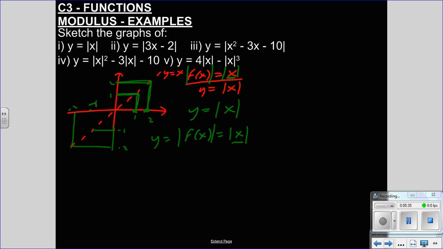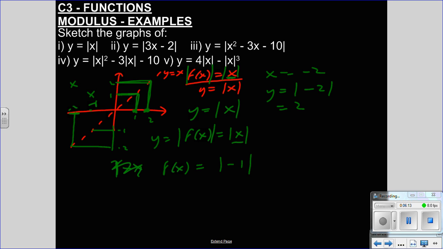Whereas if I have minus 1, the modulus of minus 1, then I'm going to get minus 1 magnituded is 1. So minus 1 will give a corresponding value of 1. If I have x equals minus 2, my y equals modulus of minus 2, which is 2. So therefore I get a corresponding y value of 2.